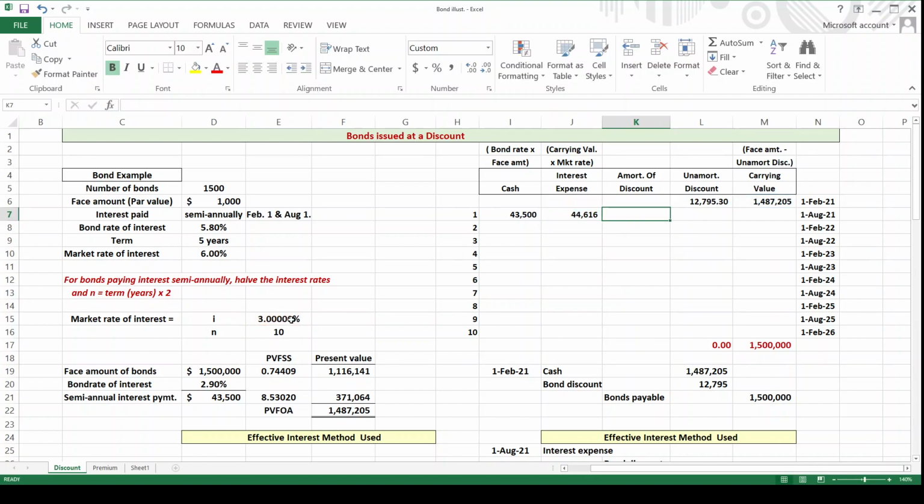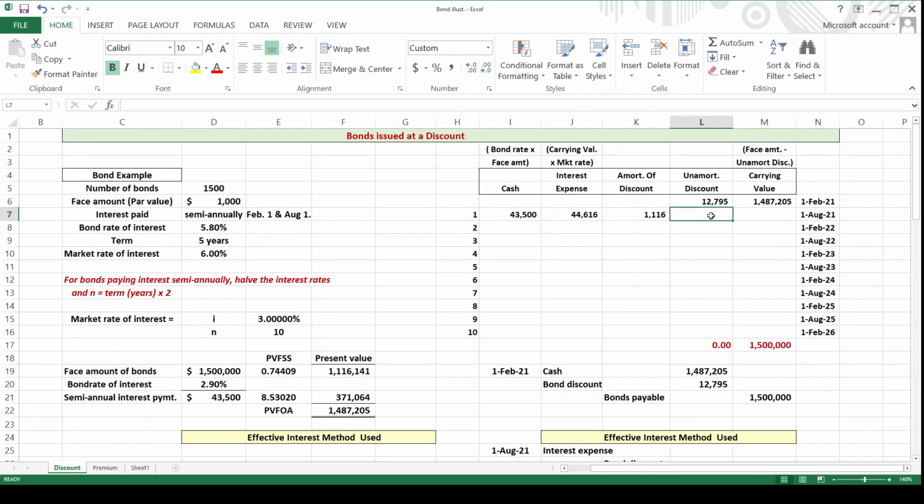Amortization of discount, and we're going to look at amortization of premium in a few minutes. You find the difference between these two numbers, and I want it to be a positive number, so I'm going to take the interest expense and subtract the cash number, 1116. Now this is the number I want to go away over time. Okay, so let me get rid of these pennies. There we go.